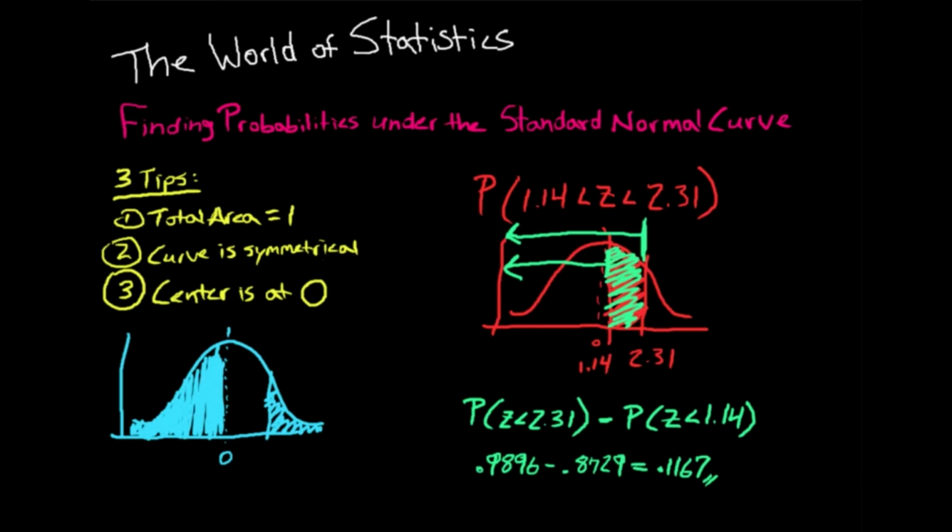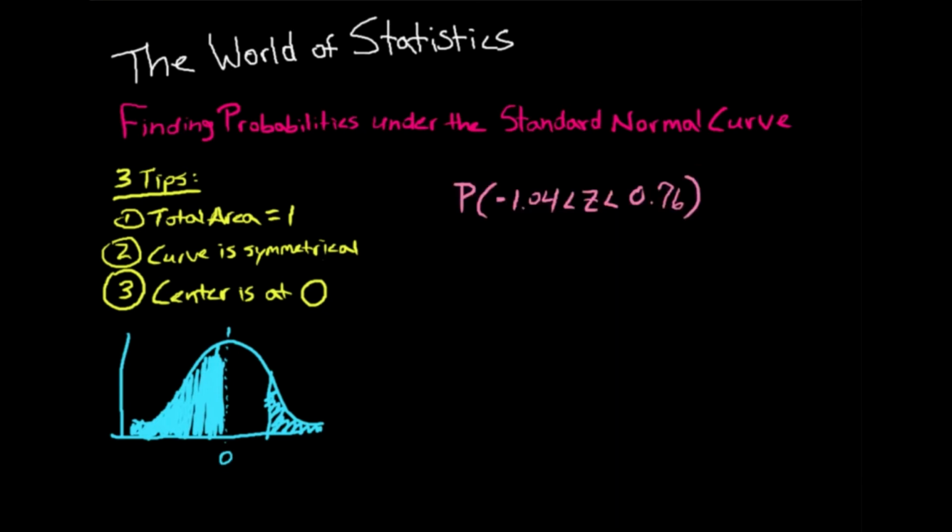Let's do another example between two critical values and see what we get. So for this example, let's find the probability that z is between negative 1.04 and 0.76. So again, I would just draw out the curve quick.